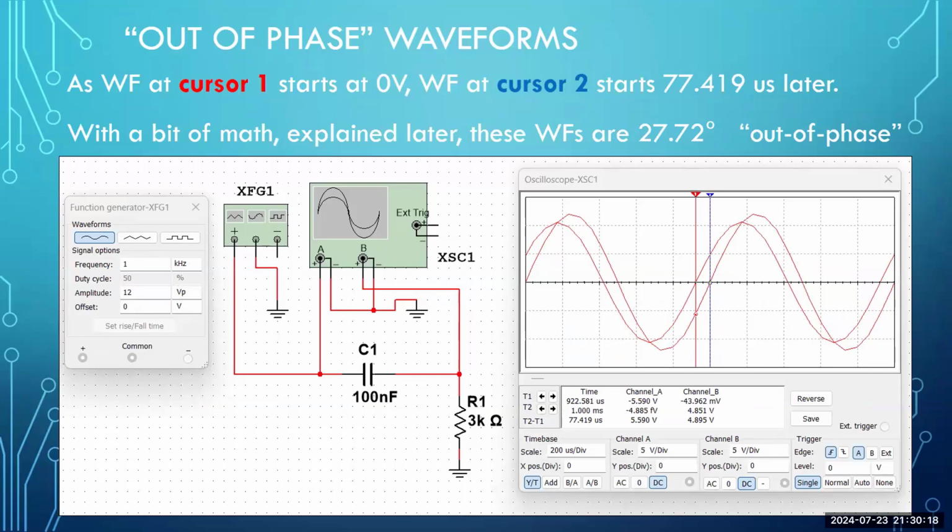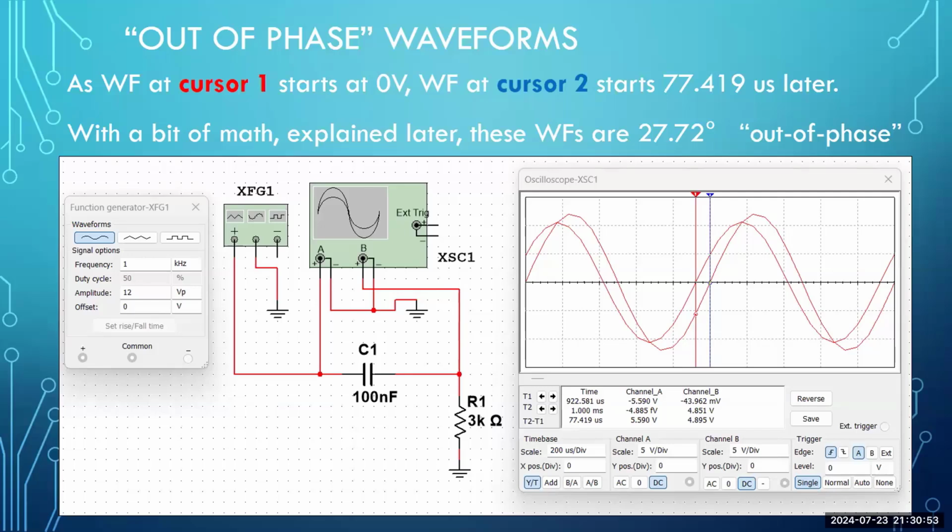So channel A is reading the signal as it's coming out of the function generator, going into C1 on the left-hand side. Channel B of the oscilloscope is coming down and going to the top of R1. It is measuring the peak voltage across R1. So channel A is in front of the capacitor, and channel B is after the capacitor.